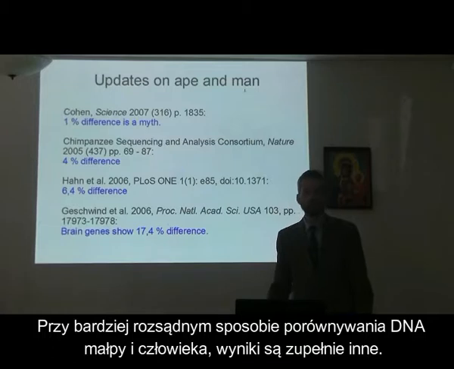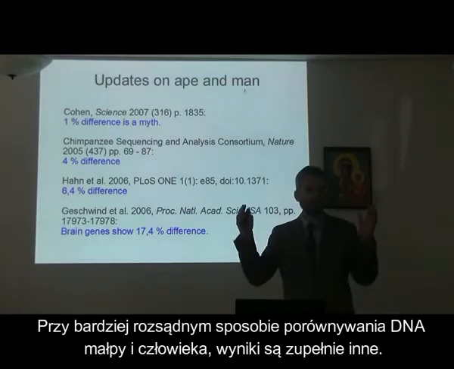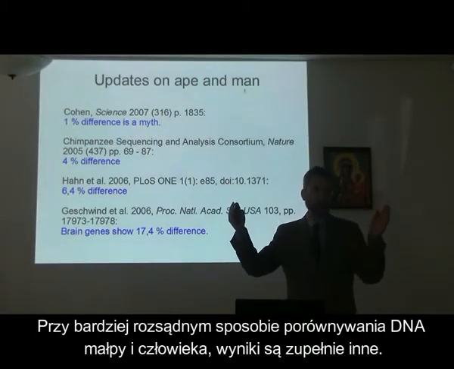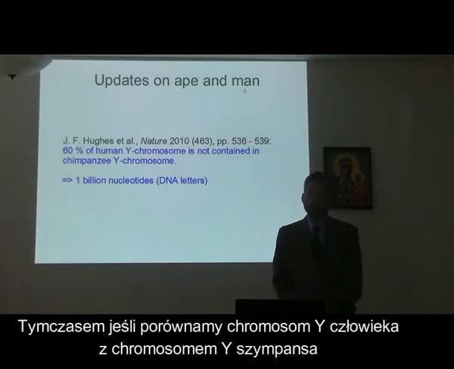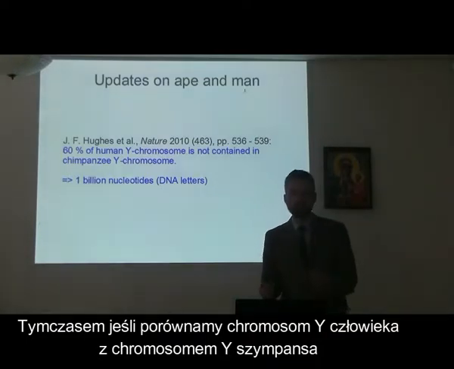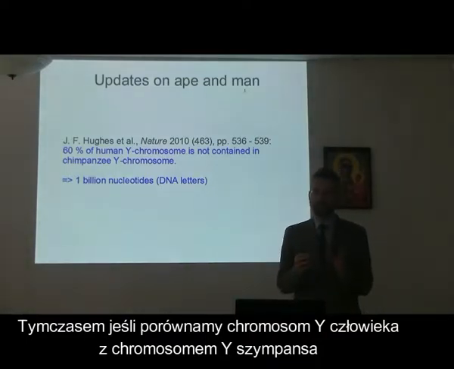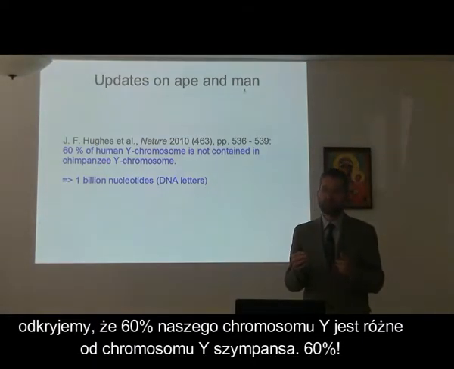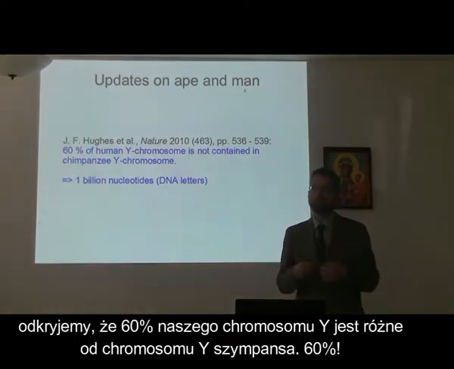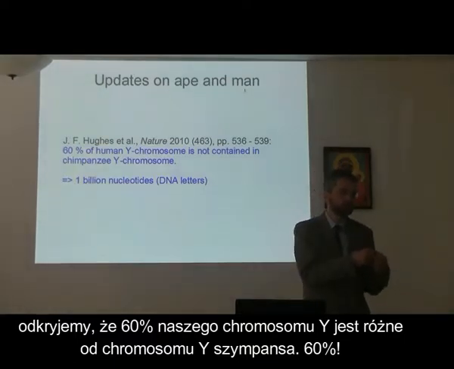And now, with a more reasonable way of comparing the DNA of ape and chimpanzee, the results are totally different. Meanwhile, we know that when we compare only the so-called Y chromosome in man with the Y chromosome in the chimpanzee, then we find that 60% of our Y chromosome DNA is different from the Y chromosome of chimpanzee, is not contained in the chimpanzee. 60%.